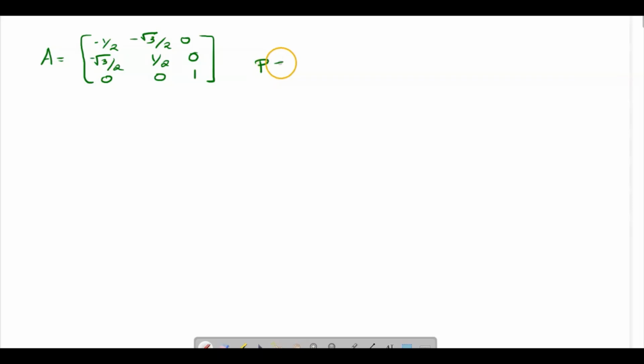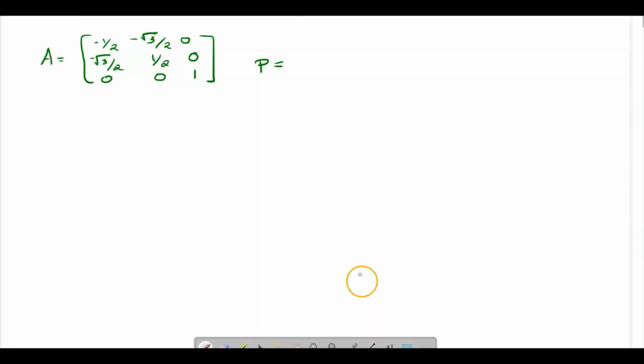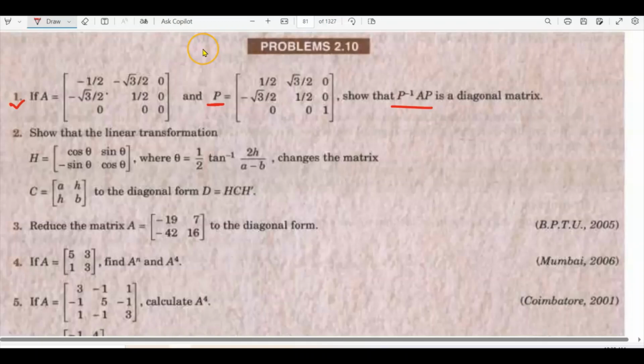This is A, and the matrix P is given as 1 by 2, root 3 by 2, 0; minus root 3 by 2, 1 by 2, 0; 0, 0, 1.